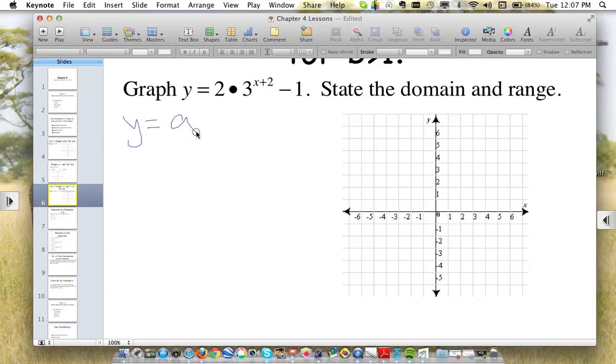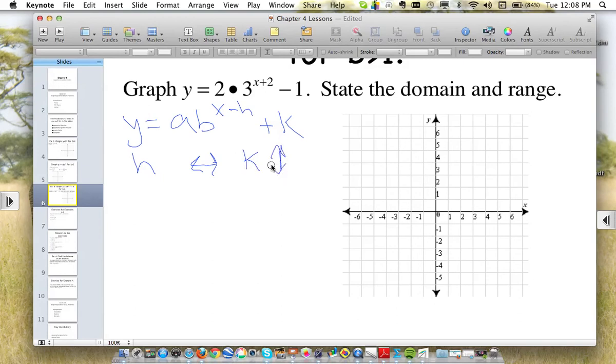It's kind of hard to see with the way the screen is working, so let me rewrite this for you. All right, notice that you see h and k. So h tells us if we're moving left or right horizontally, and k tells us if we're moving up or down. Tells us the vertical shift.